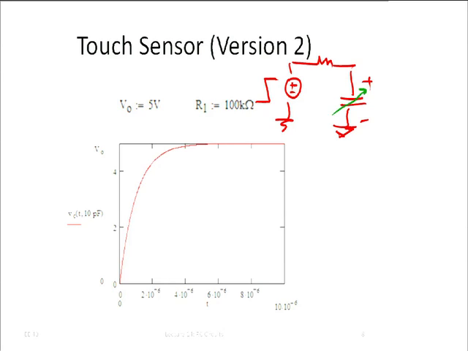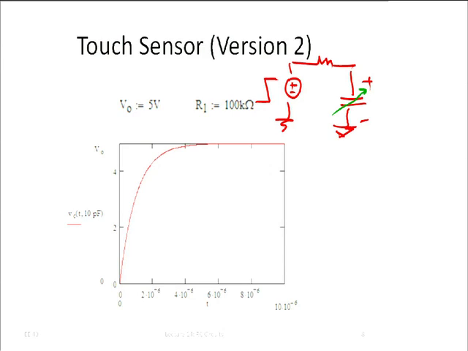How is the shape of the red curve that we've plotted here already going to change? When we reduce the capacitor, it goes faster, right? If we make the capacitor bigger, it goes slower, right?